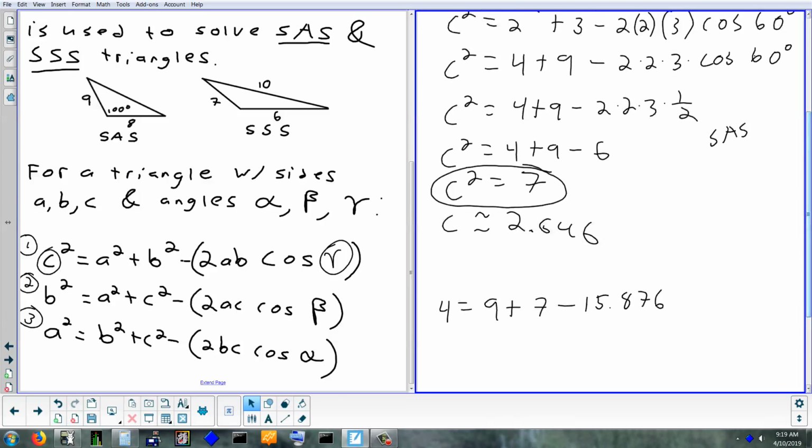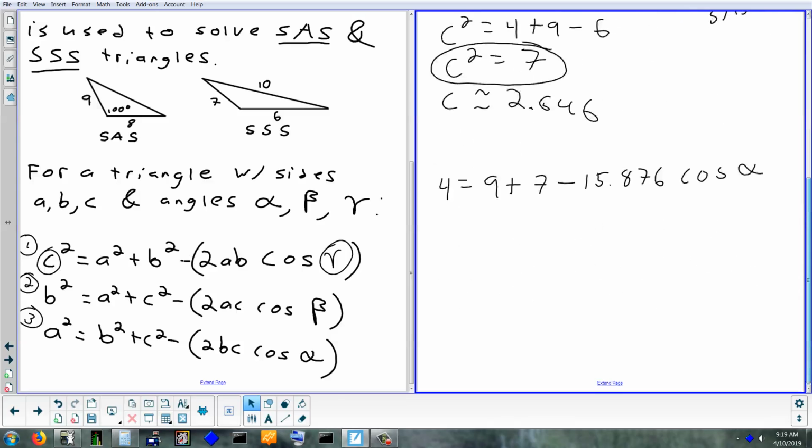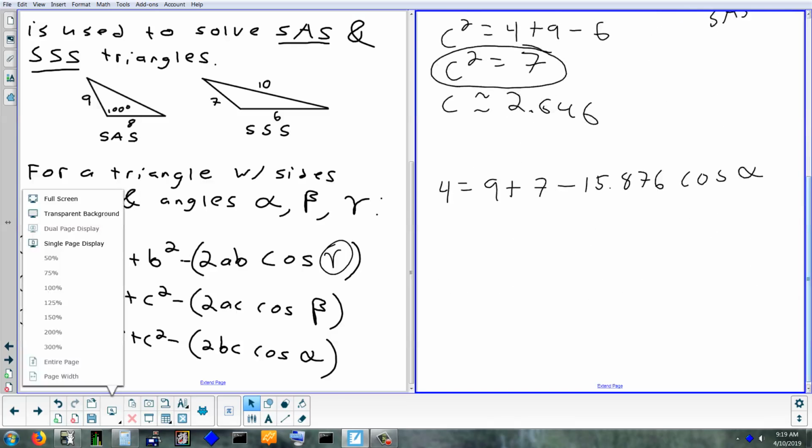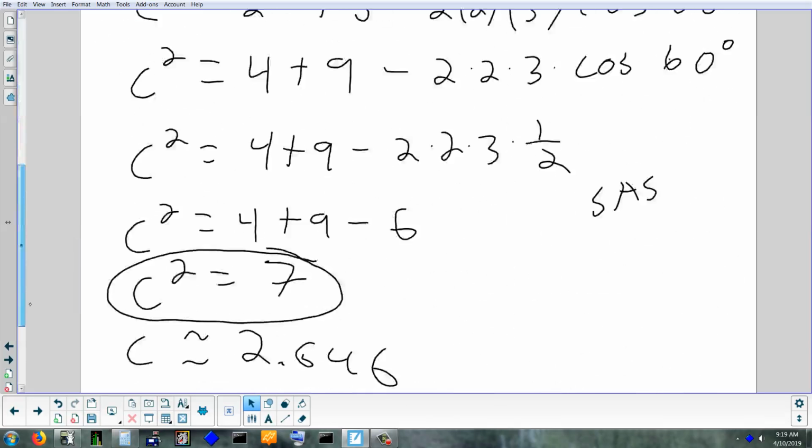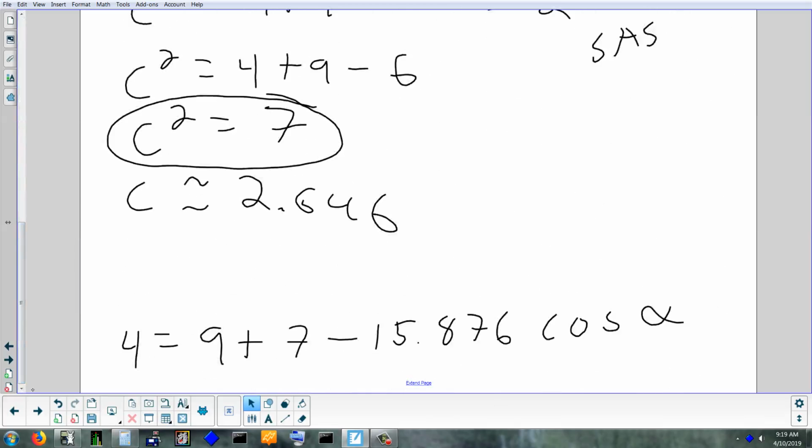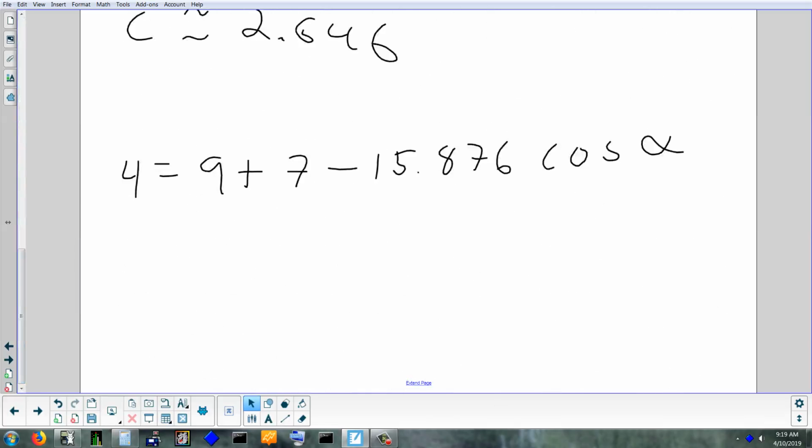All right. So we got a squared, b squared, c squared, 2bc, cosine of, what's my angle? Alpha. We're trying to find alpha. Now this is a little different than the last one. This is more like solving an equation. The variable isn't by itself at all, right?